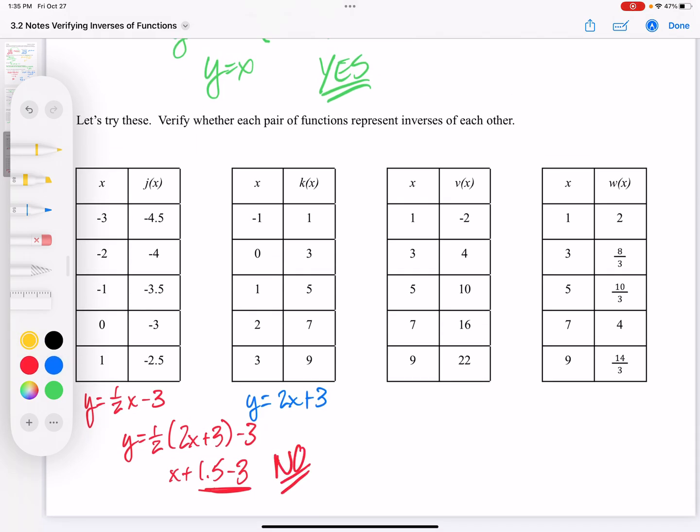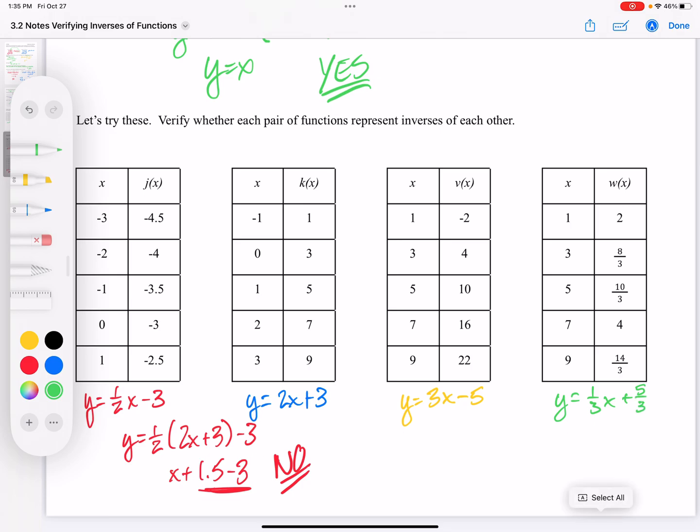All right. How about the second set? This goes up 6/2. So this is y equals 3x minus 5. And this one is y equals 1/3 x plus 5/3.